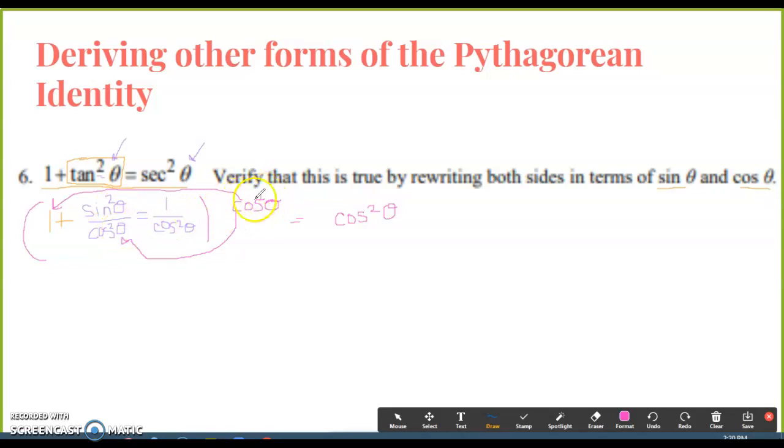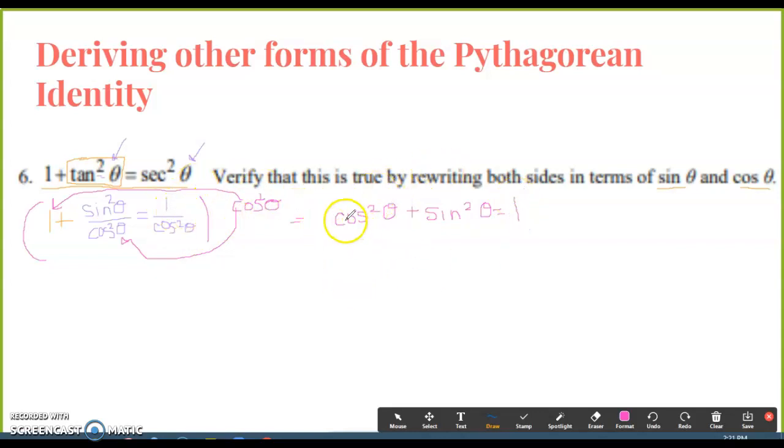So the denominators would cancel, and I would just be left with the numerator, sine squared of theta. So this is just plus sine squared theta. And this is equal to, again, if I multiply 1 over cosine squared theta times the cosine squared of theta, both of these would cancel out and it would just be equal to 1.